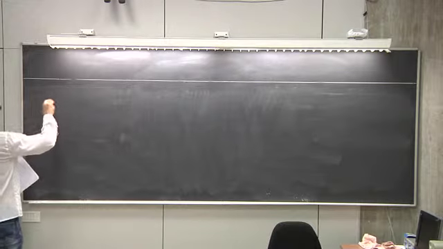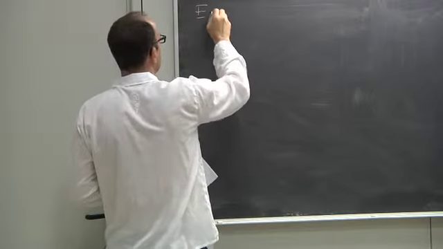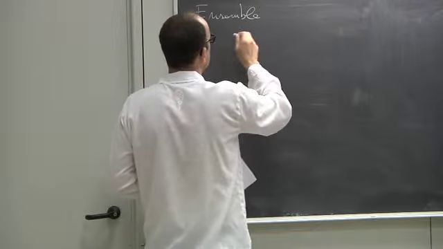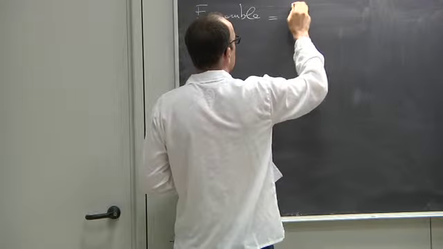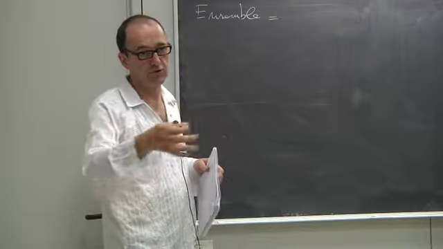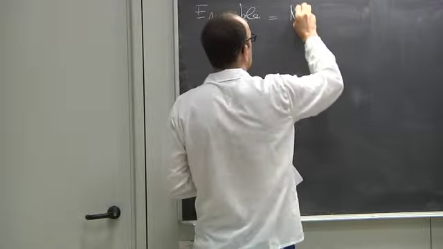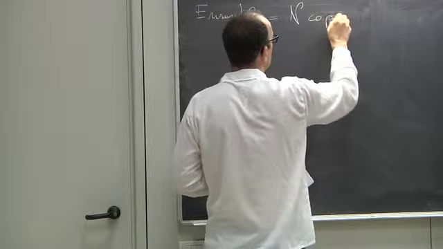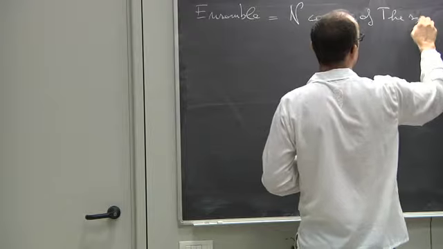So the way I would like to think now about my system is in terms of ensembles. An ensemble for me is a population of systems distributed on all possible states. It corresponds to N copies of the system.